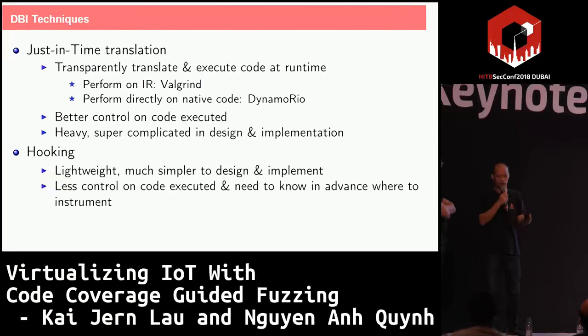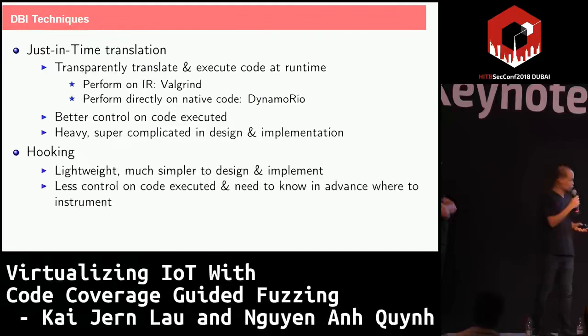They do not run the original code. It turns out that JIT gives you very good control over the code executed, but it's very heavy and very complicated in design and implementation. And this is the reason why those existing DBIs have many limitations, because it's too hard to do.